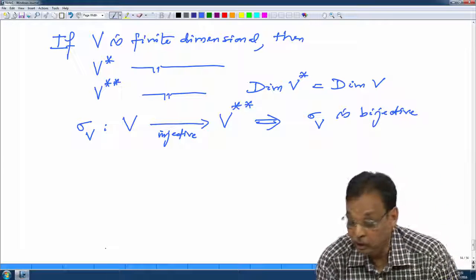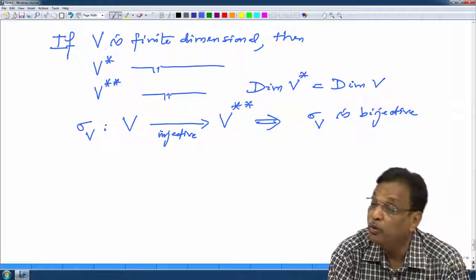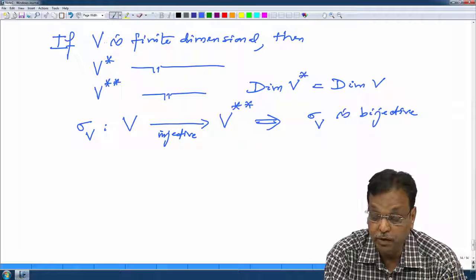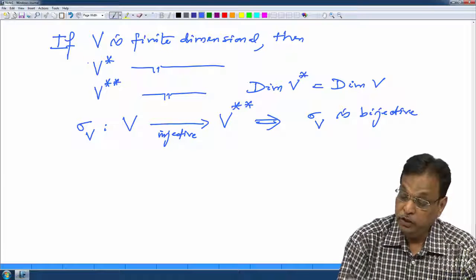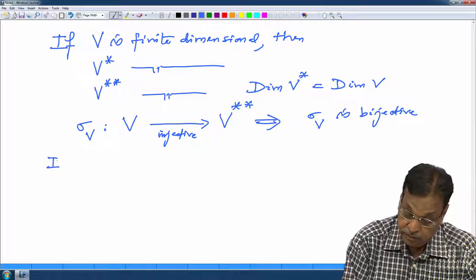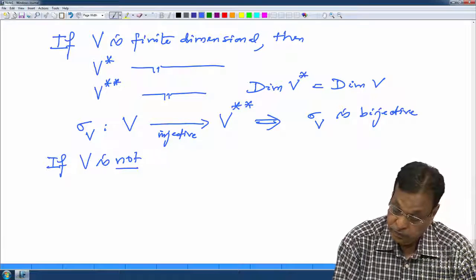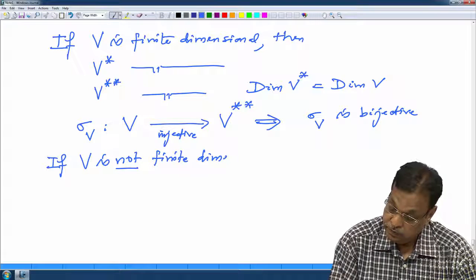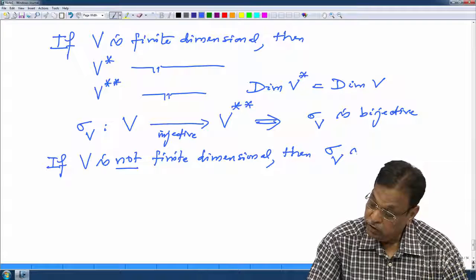This is a canonical isomorphism. If you remember, even from V to V star there is an isomorphism, but the isomorphism there is not canonical. Okay, this was the finite dimensional case. If V is not finite dimensional, then definitely sigma V is not surjective.